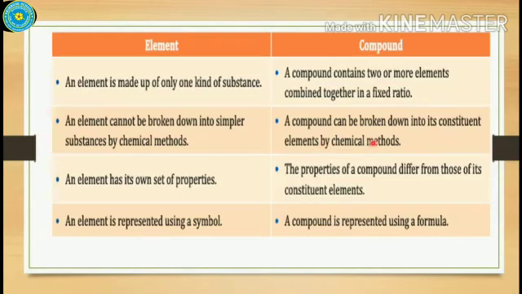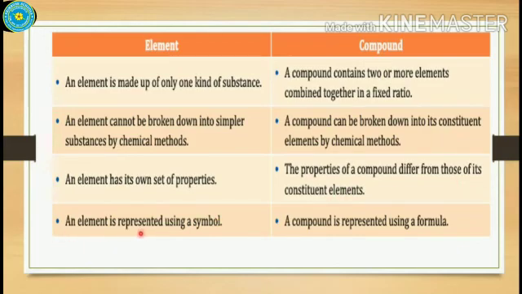Again, water is taken as an example, where water can be broken down into its constituent elements, that is hydrogen and oxygen, by chemical methods, that is by electrolysis. An element has its own set of properties. The properties of a compound differ from those of its constituent elements.